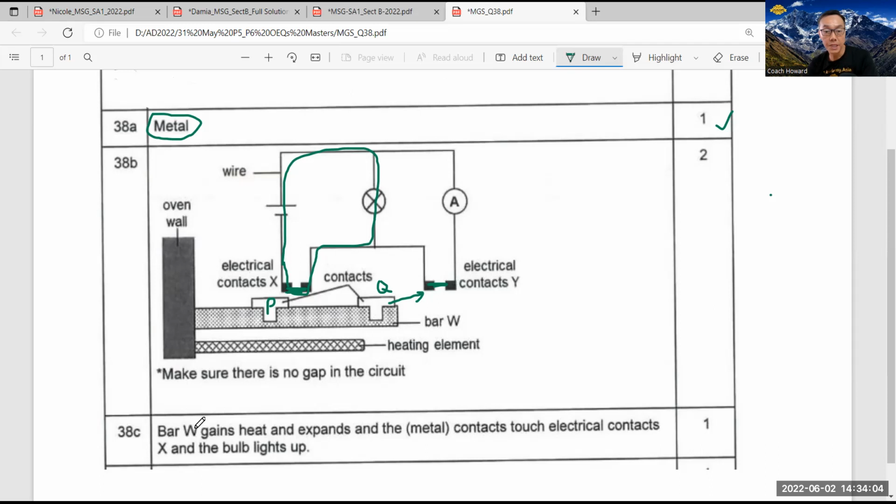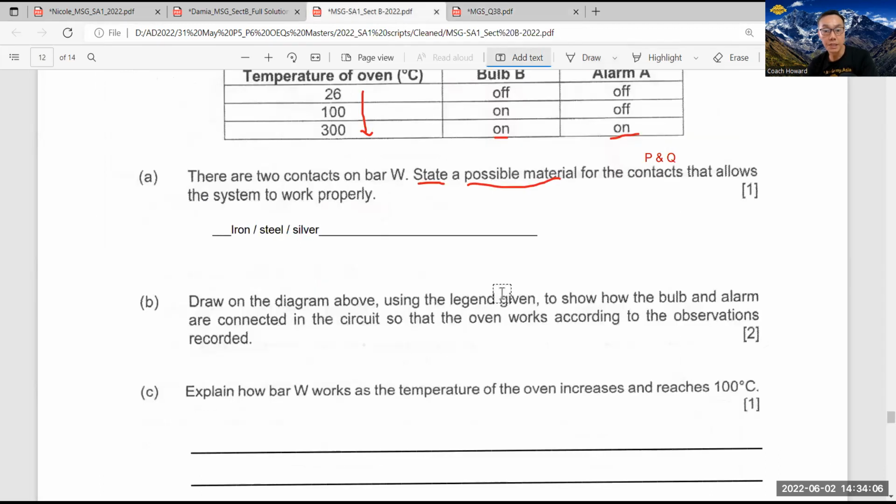The question is: explain how bar W works as temperature of oven increases and reaches 100 degrees Celsius.